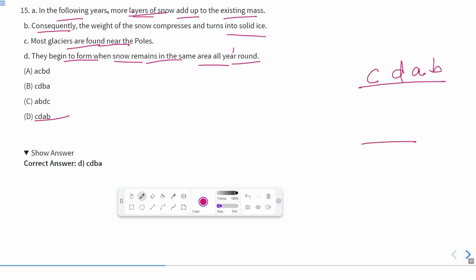It means one layer of snow, after that, as many years occur, the snow is covered, and they become a mass. It means they become solid. Okay, and consequently means as a result of these layers, the weight of the snow compresses, means just making pressure on the lower one, and turns into a solid ice. Okay, so CDBA will be the correct sequence according to this.